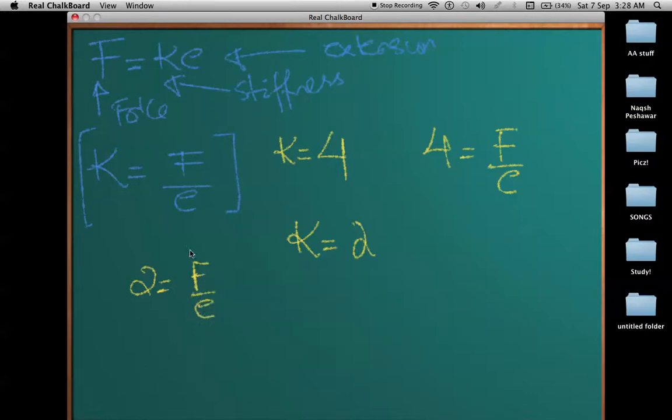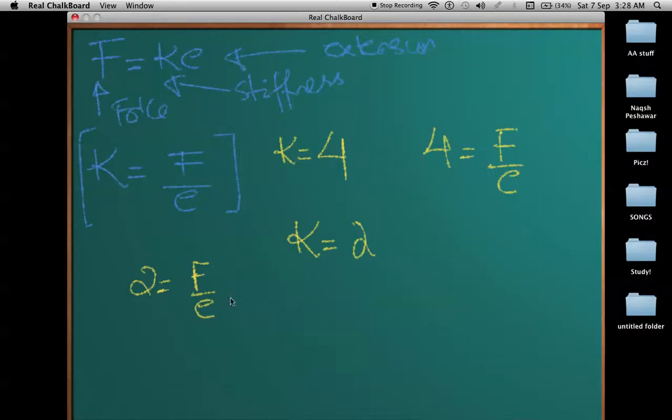Now you can see that this is simply a ratio of the force and extension. It's like a question: what is the extension when I apply a force? Let's say, if you apply a force of 2 newtons, the extension is 1.